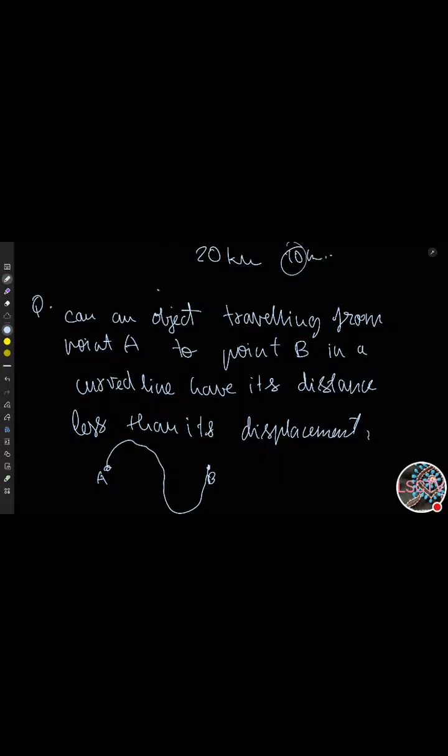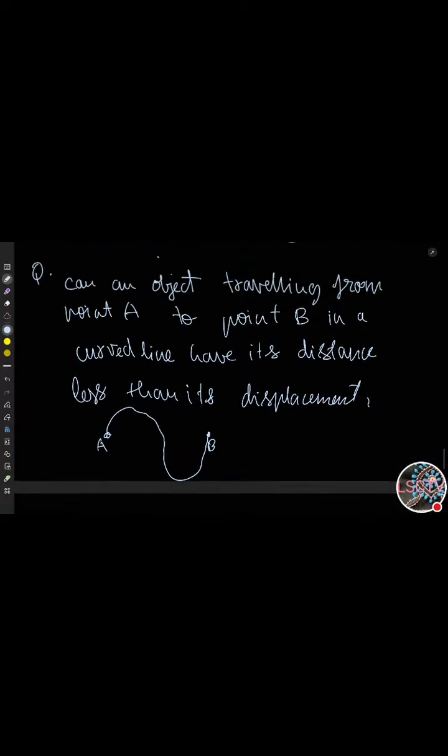Okay. Can an object traveling from point A to point B in a curved line have its distance less than its displacement? Answer this question.